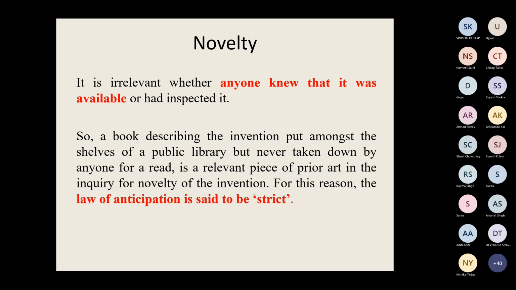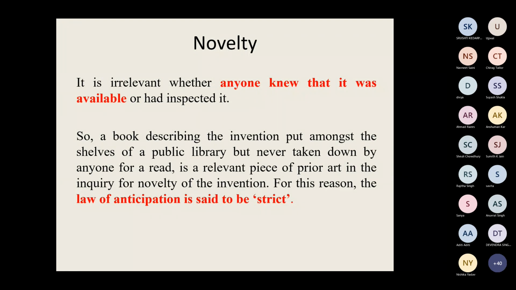I'll discuss it. So a book describing the invention, put amongst the shelves of a public library but never taken down by anyone for a read, is a relevant piece of prior art, because something is published. It is a less known book in a library which has never been read by anyone, but still, because it has been published, that can form a part of prior art for the invention.